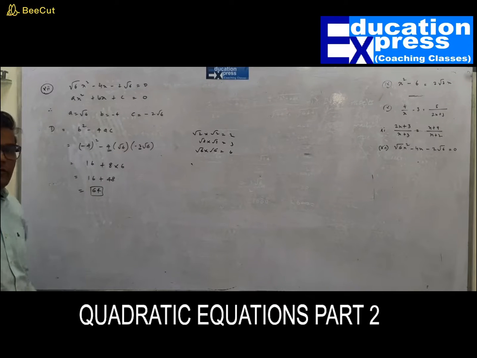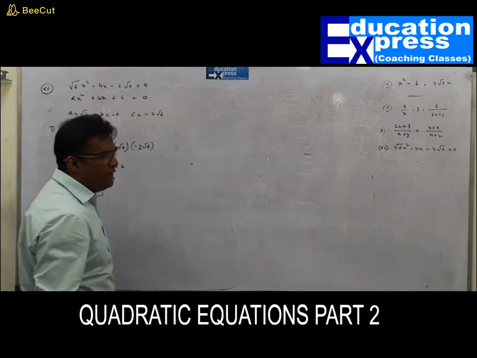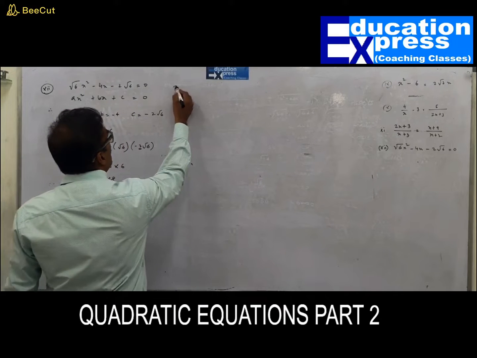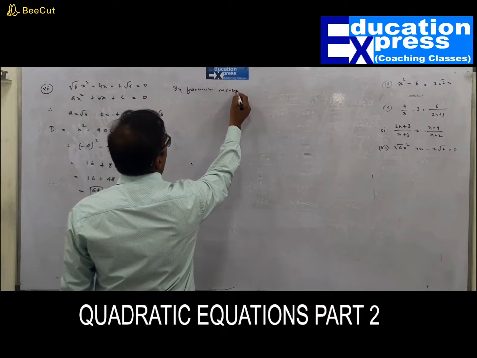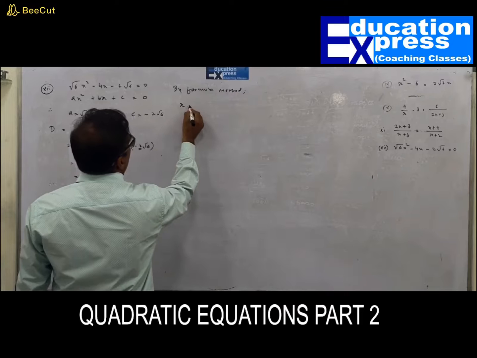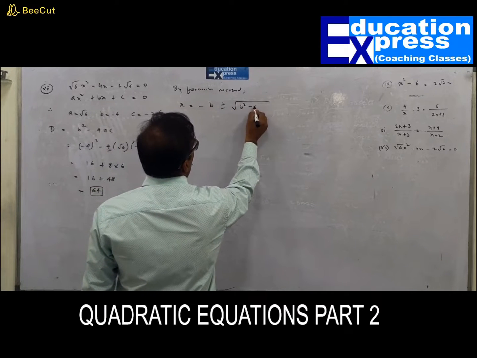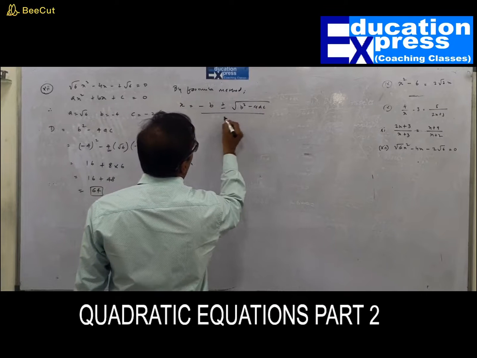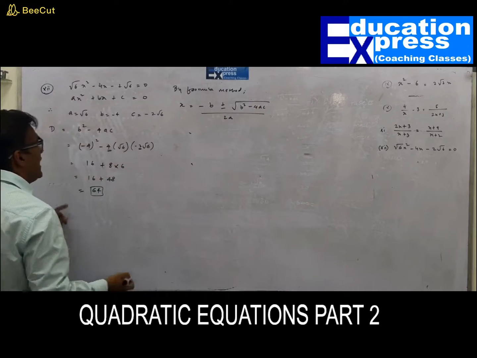Knowing that 64 is a perfect square, our further journey can become a little more comfortable by the formula method. By now, all of you will surely know the formula. So yes, x equals minus b plus or minus square root of b square minus 4ac, the whole upon 2a, absolutely right. Keep on memorizing that.